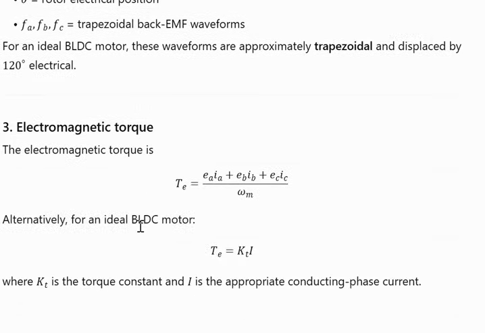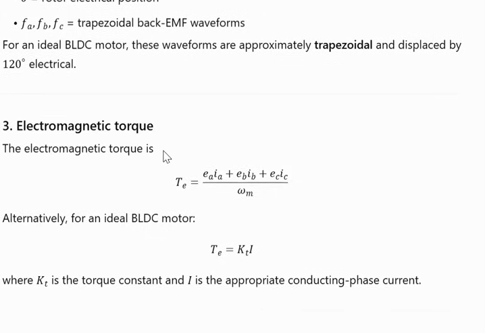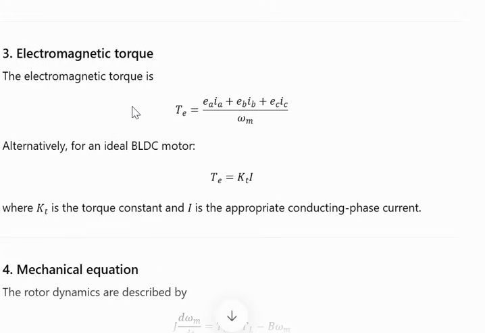For an ideal BLDC motor, these waveforms are approximately trapezoidal, and for every three-phase system there is a 120-degree electrical displacement. The next one is the electromagnetic torque component.